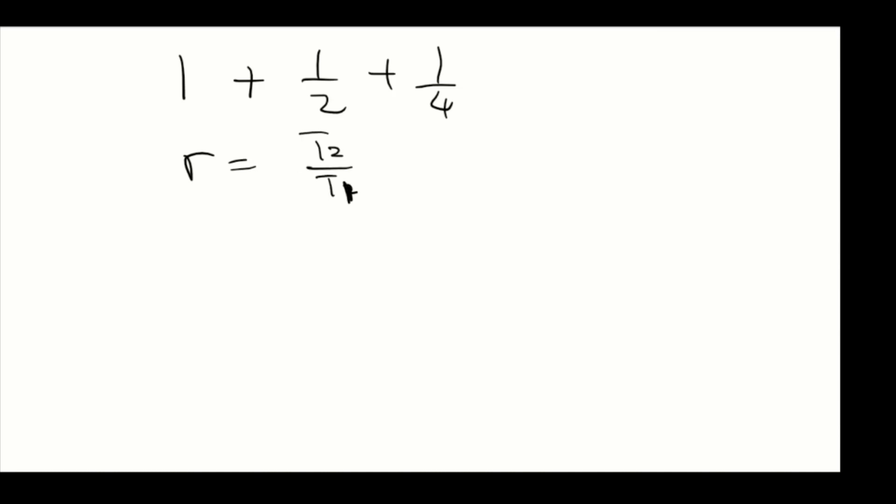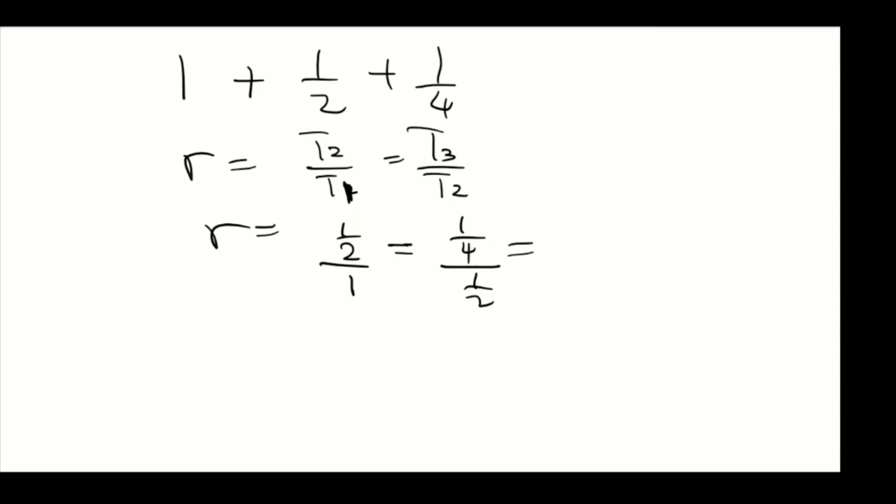T2 over T1 equals T3 over T2. So T2 over T1 is 1 over 2 divided by 1, equals 1 over 4 divided by 1 over 2. If you punch your calculator, you will find that r equals 1 over 2. So we have a constant ratio of 1 over 2.